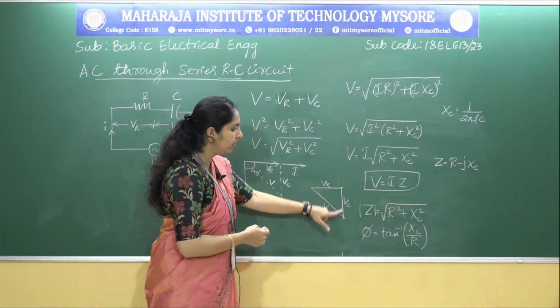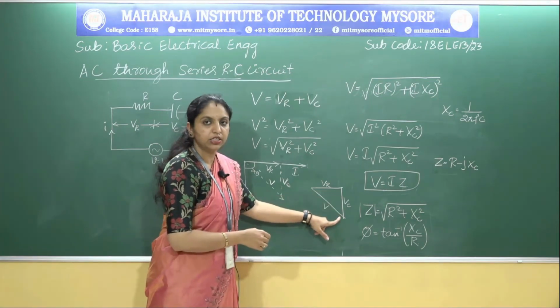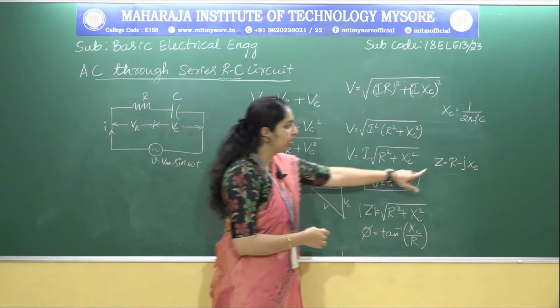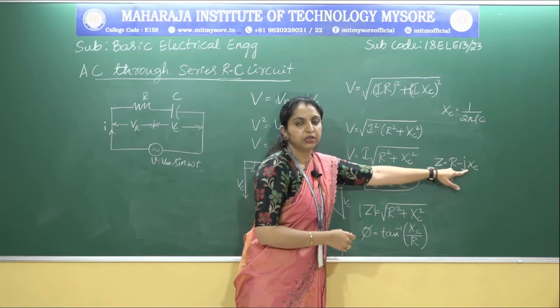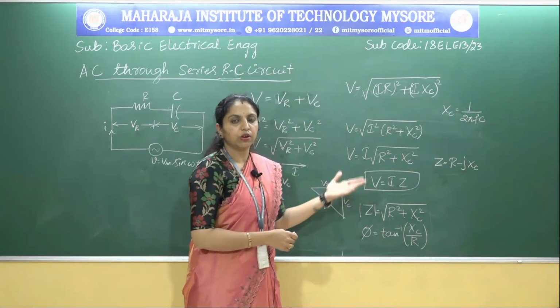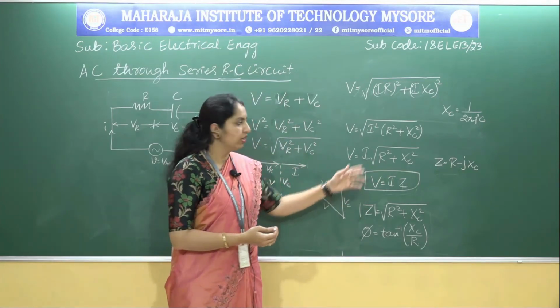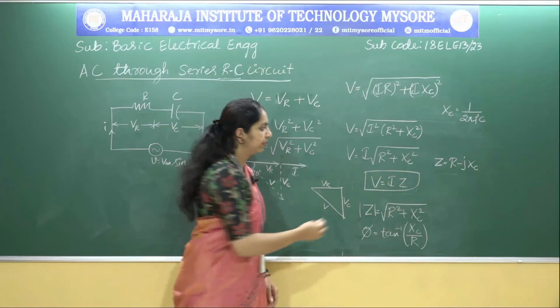Because we get this VC in the negative y-axis. Since we have got this VC in the negative y-axis, we get Z is equal to R minus J into XC. But in the RL circuit, we had Z is equal to R plus J into XL. But here Z is equal to R minus J into XC.